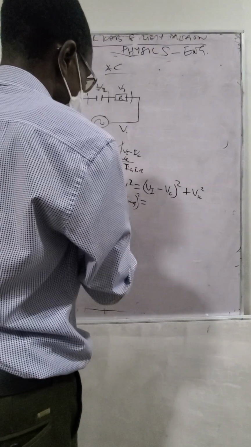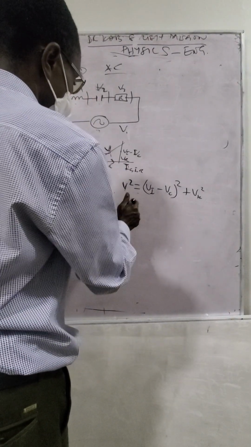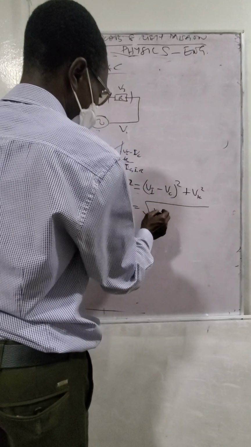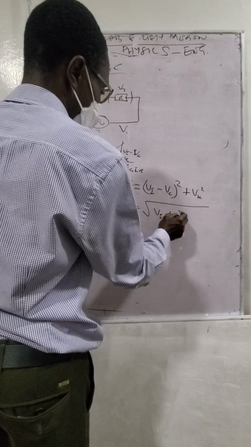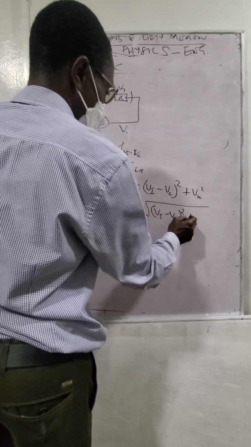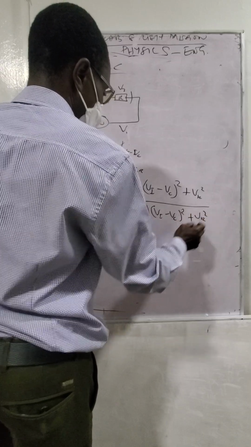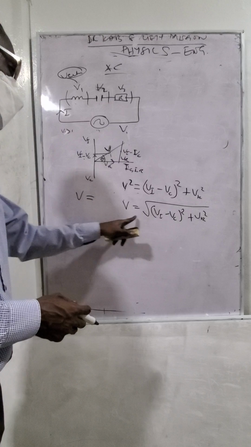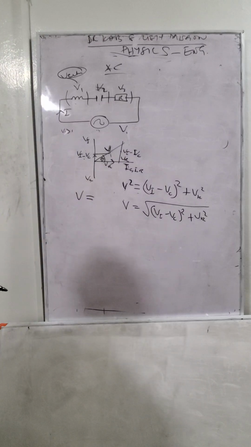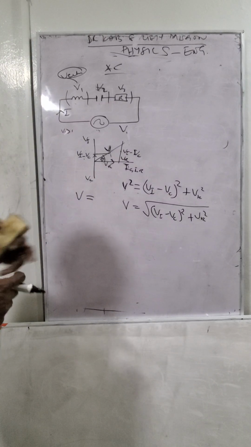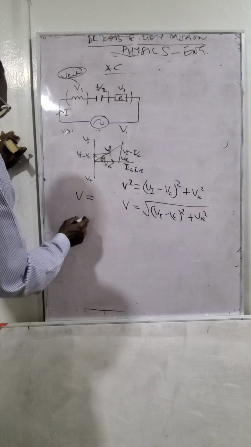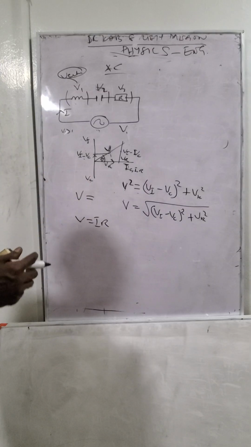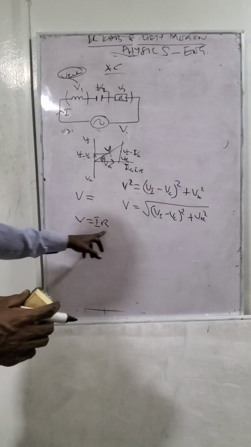Or in other words, V is equal to the square root of this. This is the equation I want us to look at. From this we can substitute that V is equal to IR, remembering that I will be the same throughout.